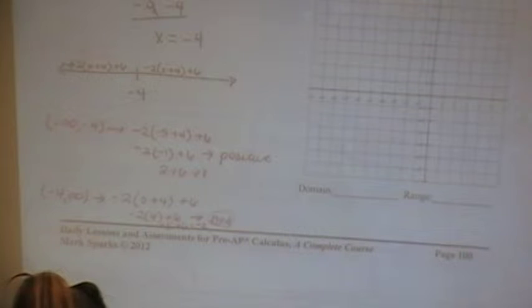So now what I have to do is go back and distribute and combine like terms if I need to. On this top piece, this is a positive 2 that I'm going to distribute. That would give me 2x plus 8 plus 6, which when you combine your terms is 2x plus 14.